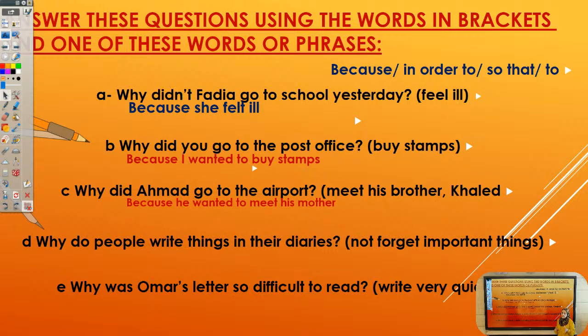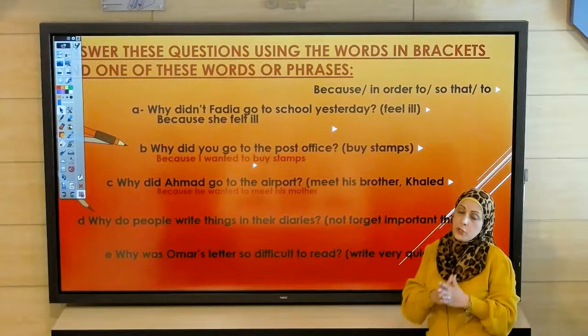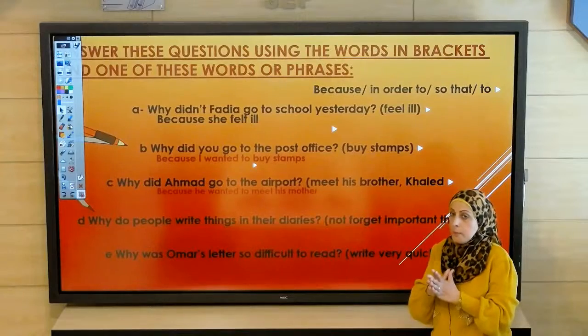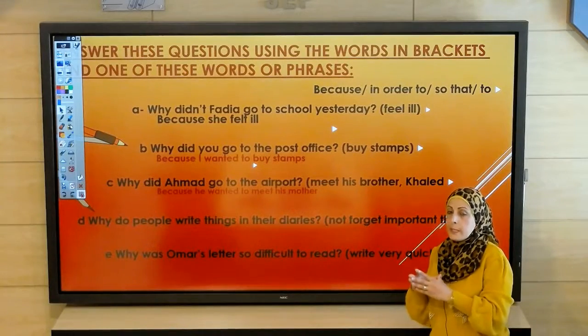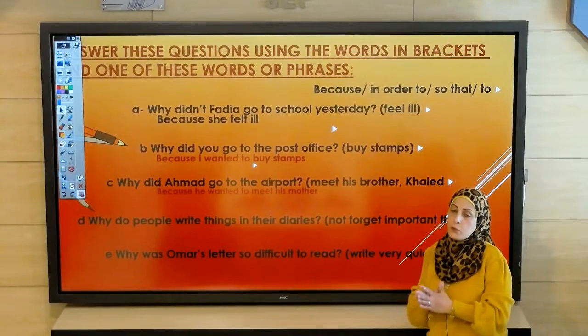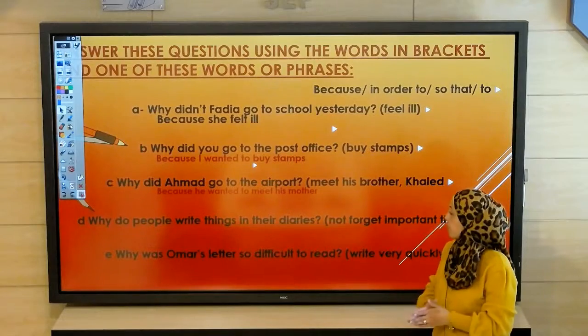At the final exam, you have to complete the sentence with because, okay? And if you have to choose between brackets, notice, look at the word after the brackets. If you see an infinitive, you can choose in order to or to. But if you see a clause, you can't choose in order to or to.